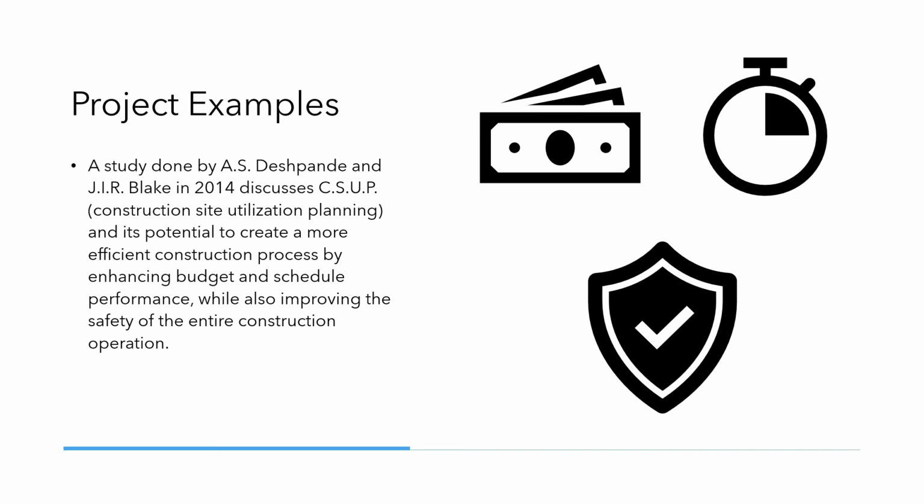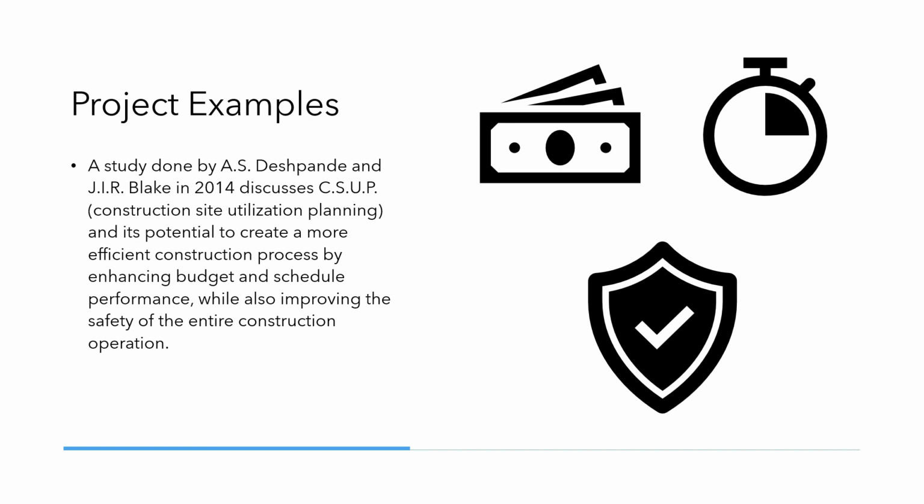Project examples. A study done by two researchers in 2014 discusses CSUP, construction site utilization planning, and its potential to create a more efficient construction process by enhancing budget and schedule performance, while also improving the safety of the entire construction process.